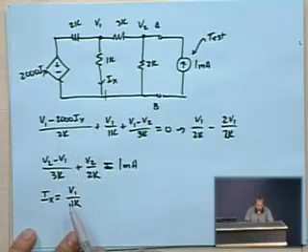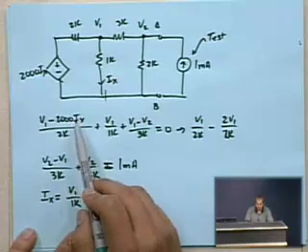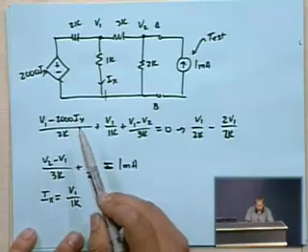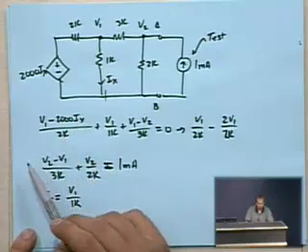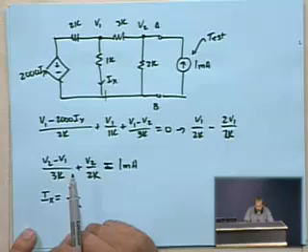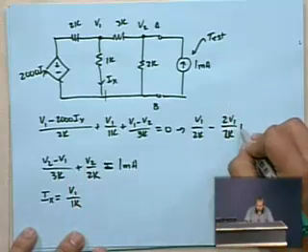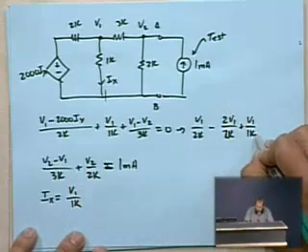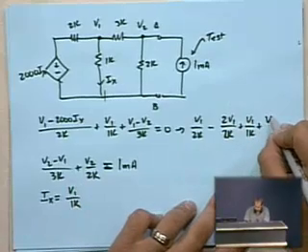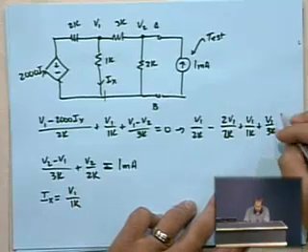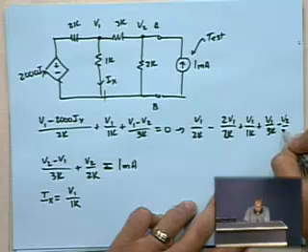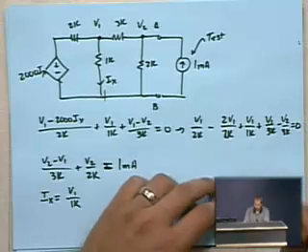We multiply 2000 times this. We get 2V1. So the 1K goes away, and we get 2V1 over 2K. And that's what we're left with there. Plus V1 over 1K plus V1 over 3K minus V2 over 3K equals 0.